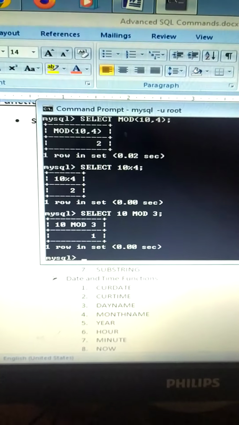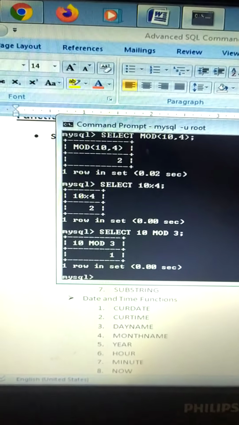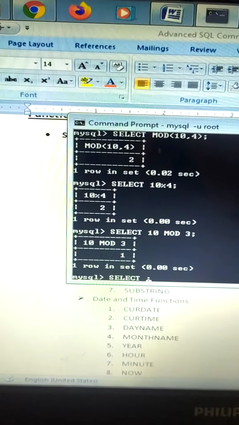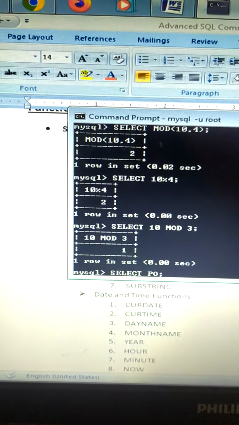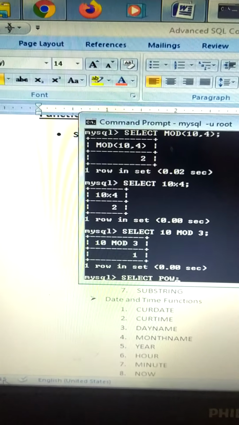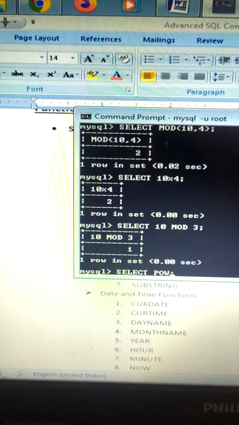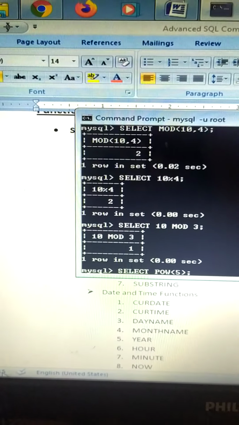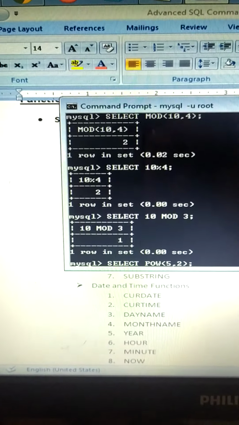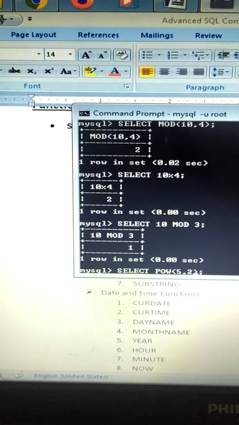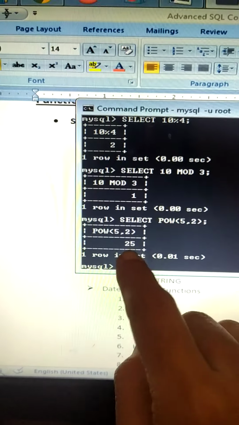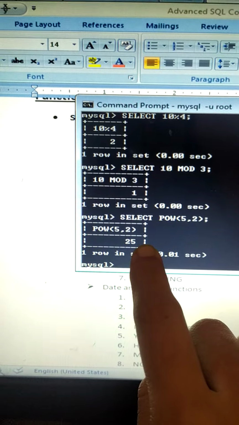Next is power. Again we'll study this with one example. Select power, we'll use small numbers only, 5, 2 suppose. Select power(5, 2). So the answer is 25. What does this mean?